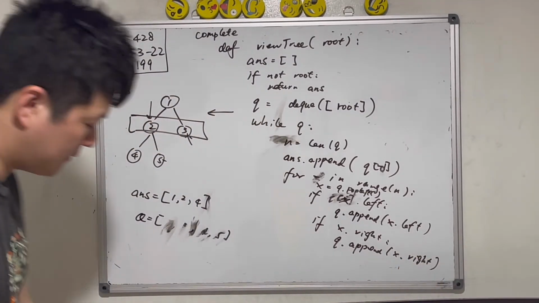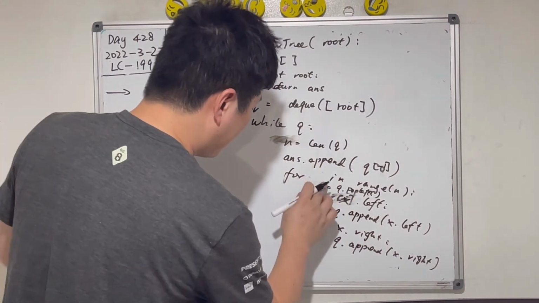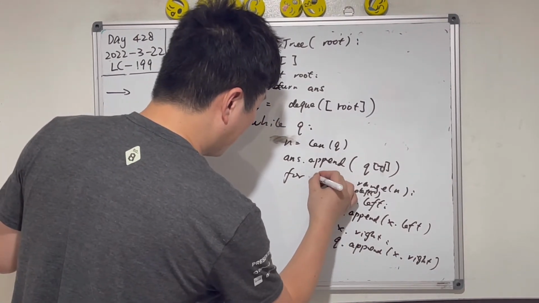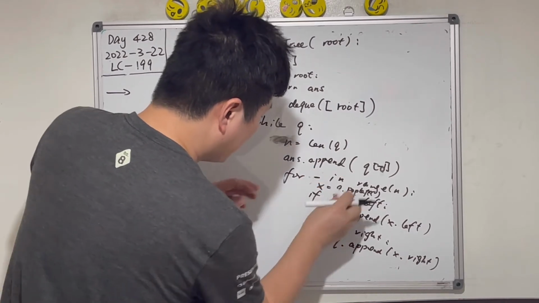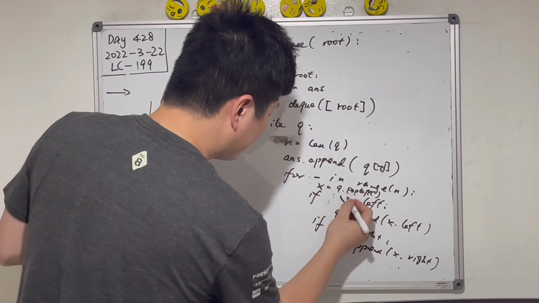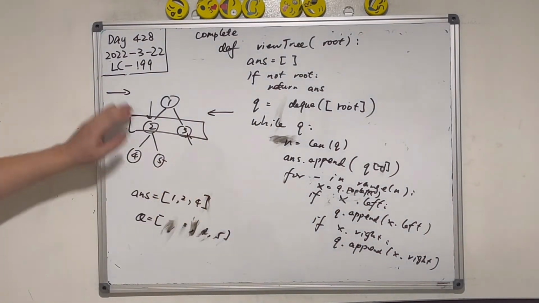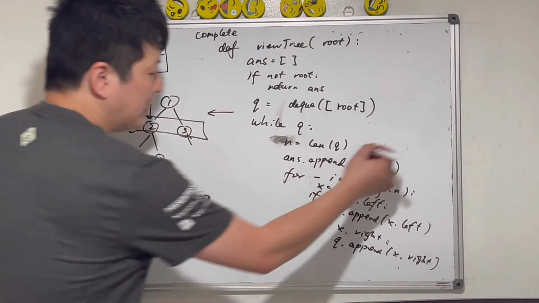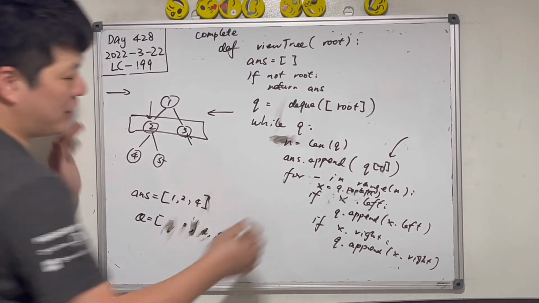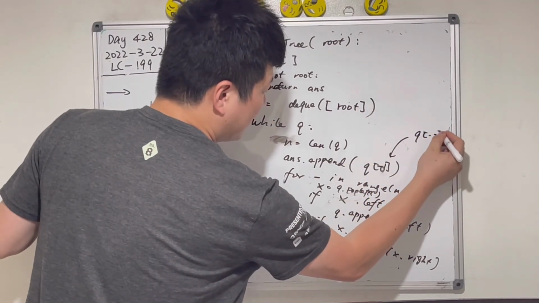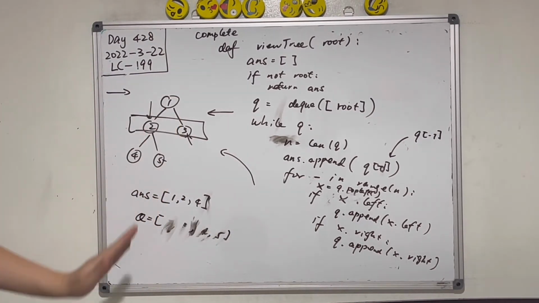Make sense? Okay, let me go through this again. I think there is a little bit of a problem here. Depending on from left or right, Q[0] means from the left. Q[-1] means we want to take the right side view.